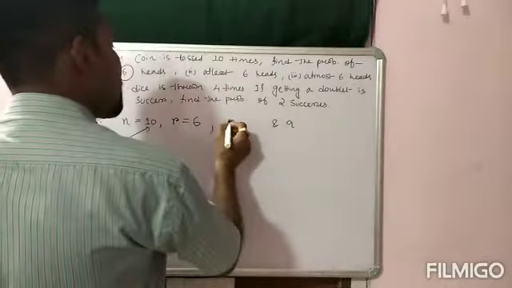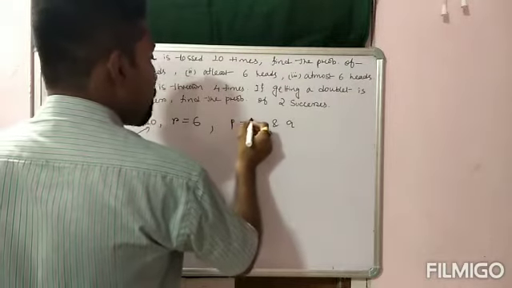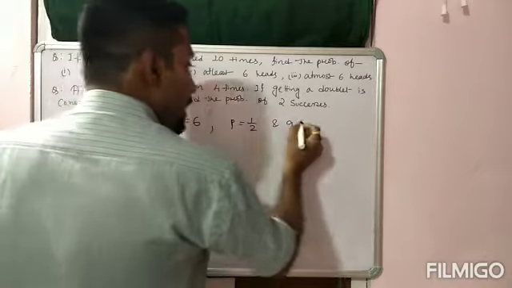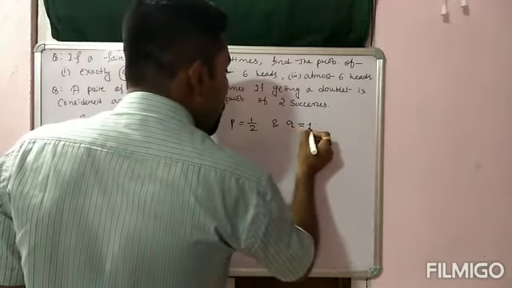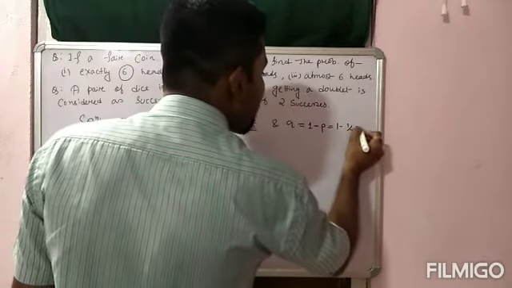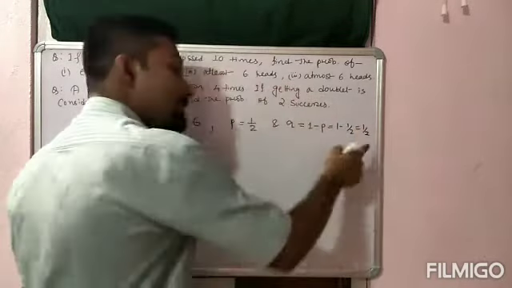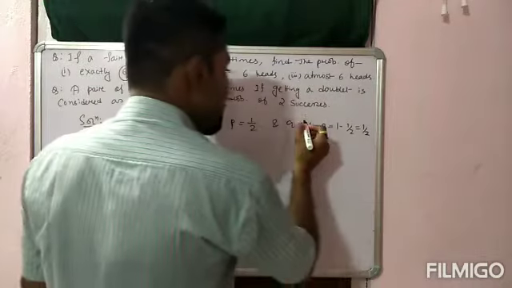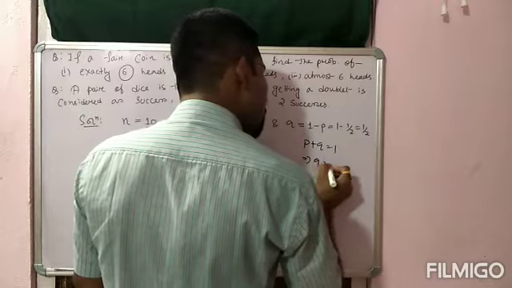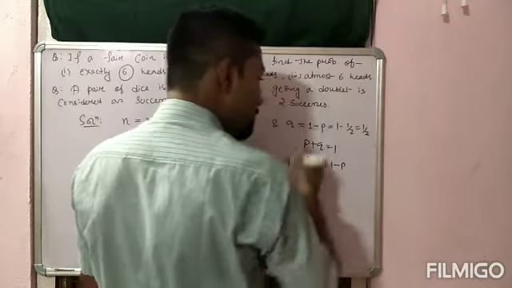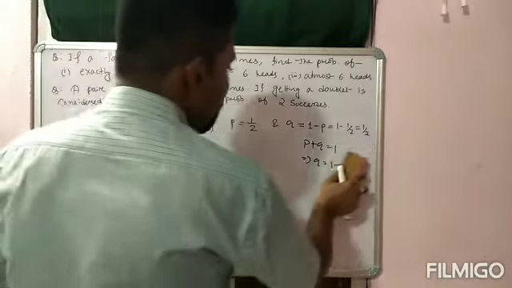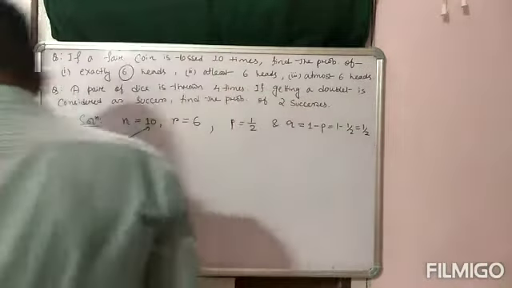So if a coin is tossed once, the probability of getting head is 1/2. This is success. Then q, we all know, is 1 minus p, that means 1 minus half, that means half only. And half plus half is 1. Since we know p plus q is equal to 1, in order to find q we can write 1 minus p. So q is also half.